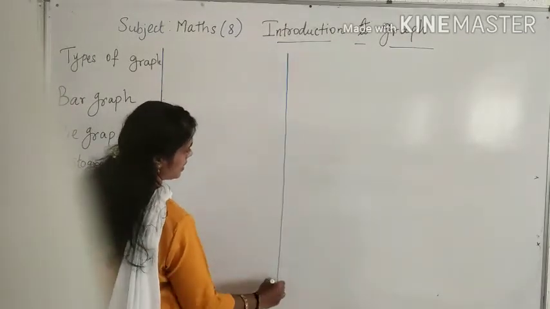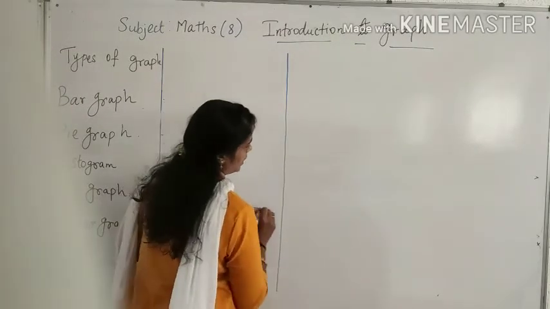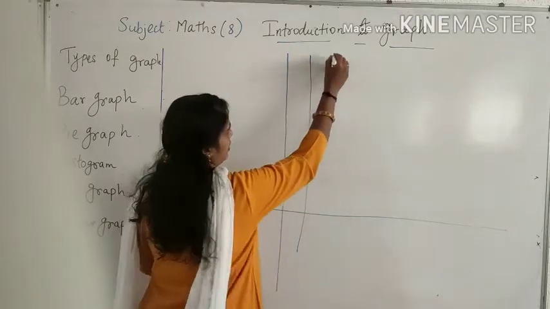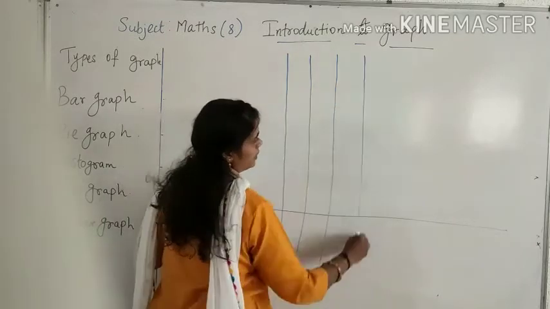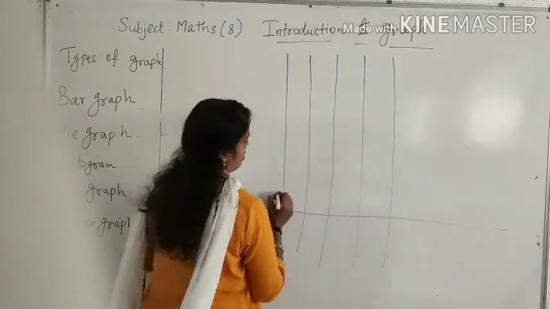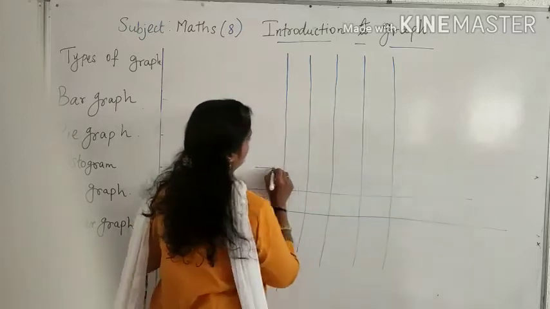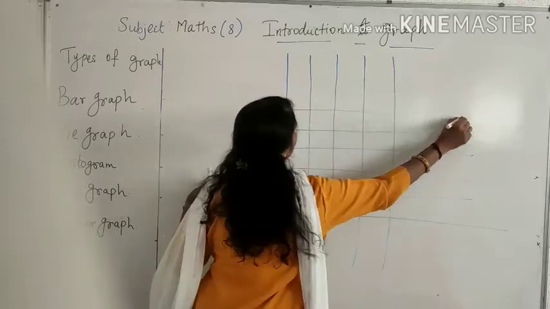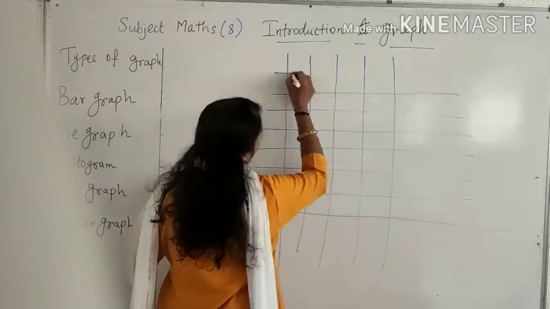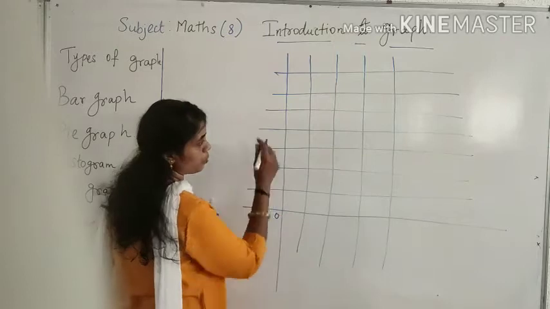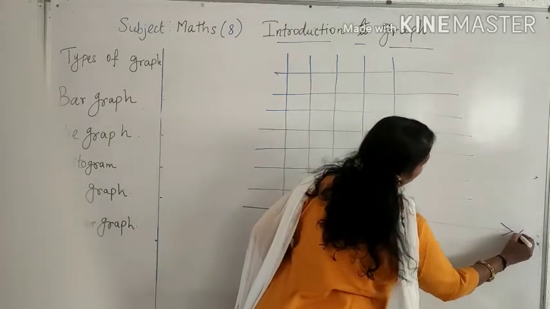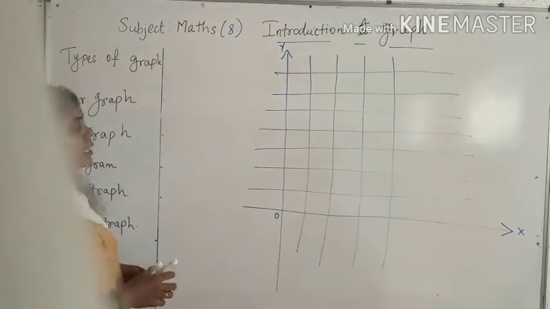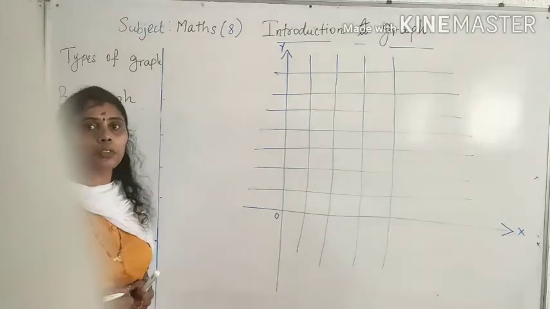Now, first you should understand the graph. So I am making it, and here will be a broken line, to make you understand. I am dividing like this. Each unit, we can say, is a unit also. This is 0, where both the coordinates meet. This is the x coordinate and this is the y coordinate. Where these both coordinates meet, that is the origin point.